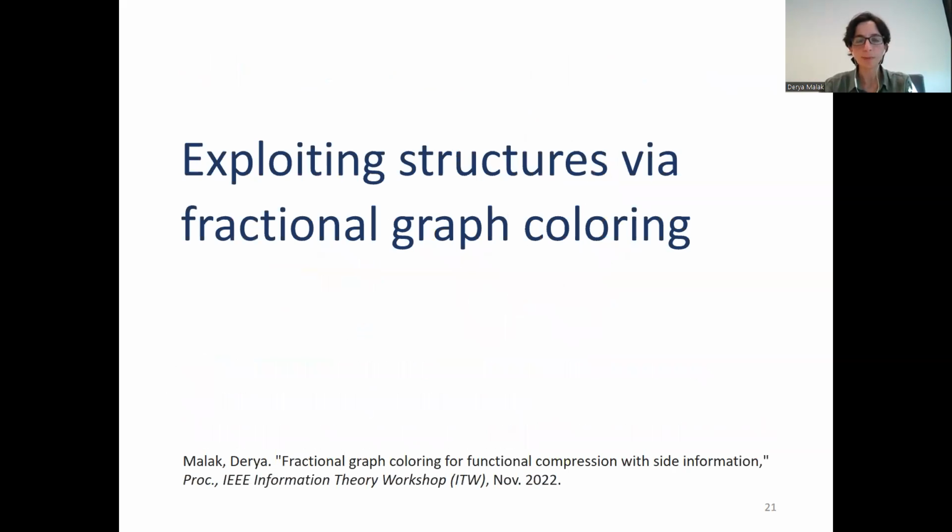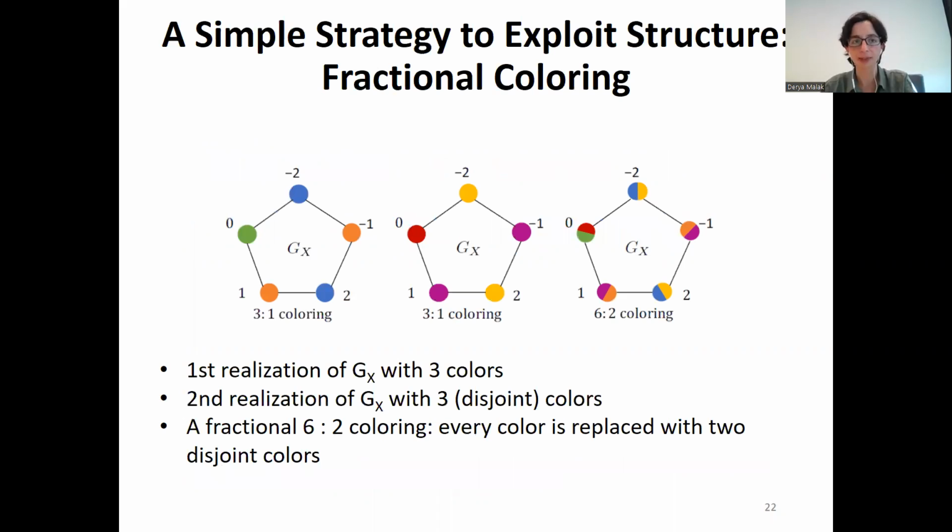My work has been based on these existing results, and I have recently generalized them by exploiting the structures of the functions. How can I use coloring arguments to provide better compression for computing? The idea is very simple.